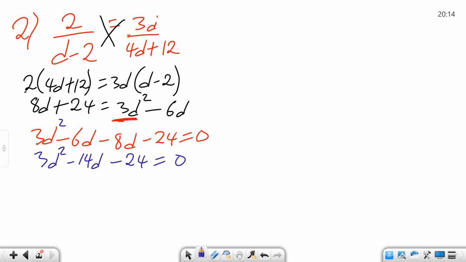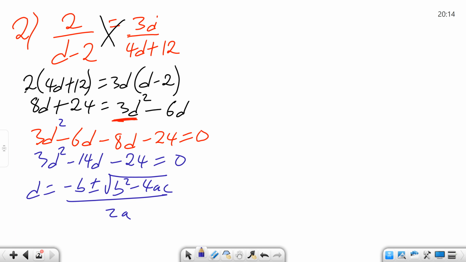Alright, we can solve this quadratic using the quadratic equation. I know you can just factorize from here, but I just like to remind you that you can also use the general formula: minus b plus or minus square root of b squared minus 4ac over 2a.